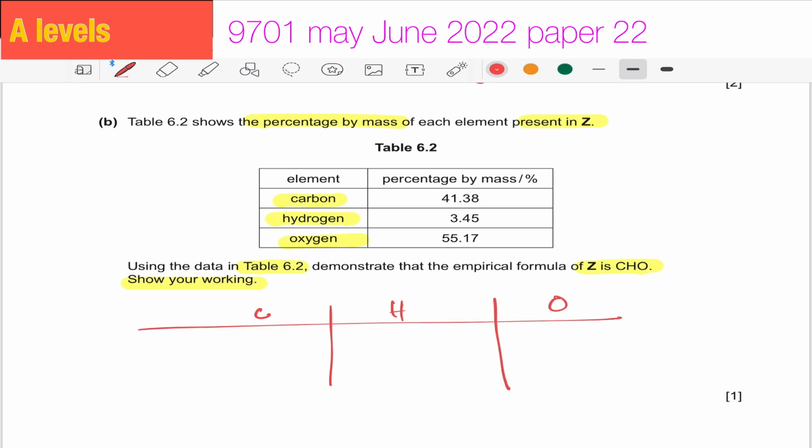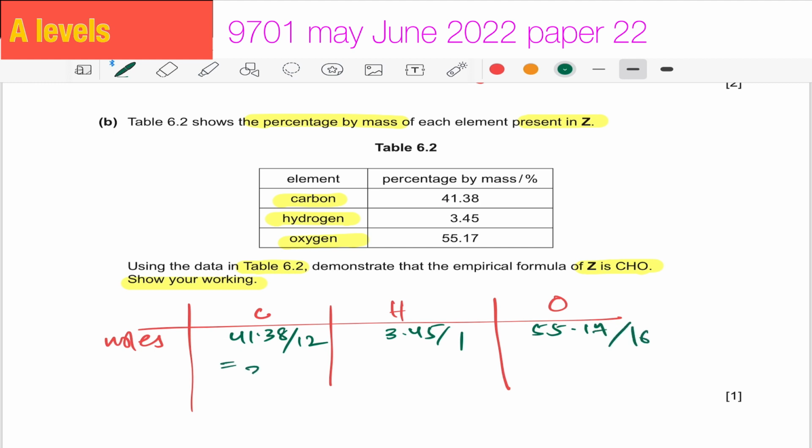First, we will calculate the moles. We divide the percentage by mass by the molar mass of these elements. So 41.38 divided by 12, 3.45 divided by 1, and 55.17 divided by 16.